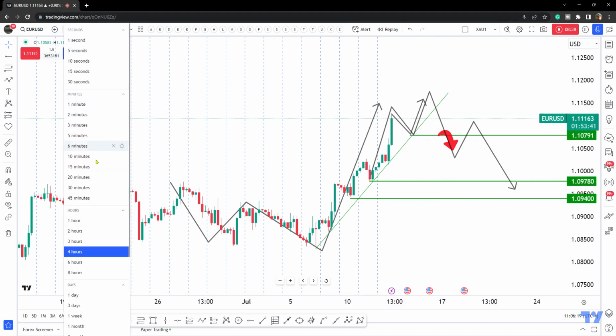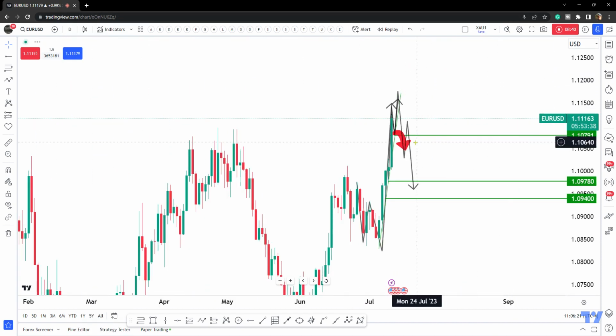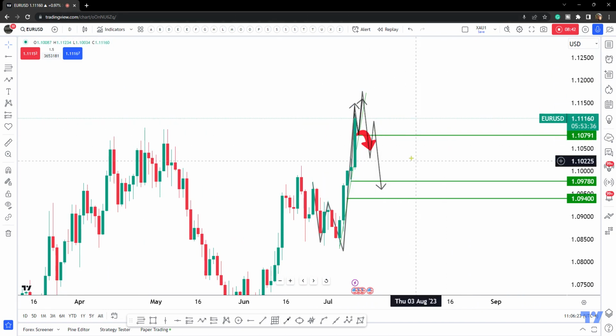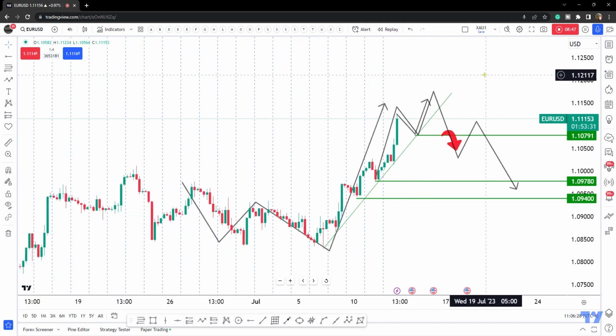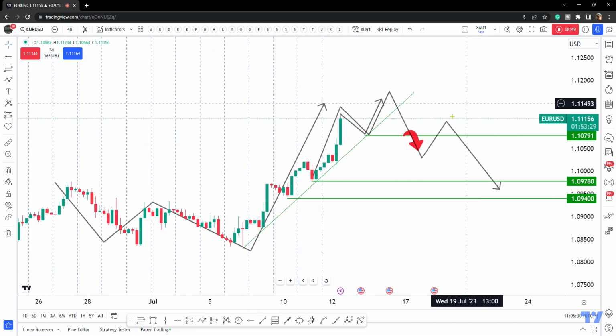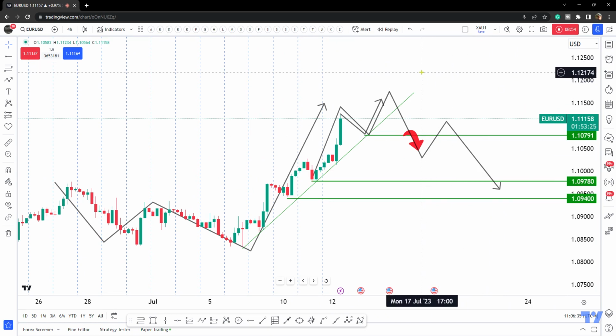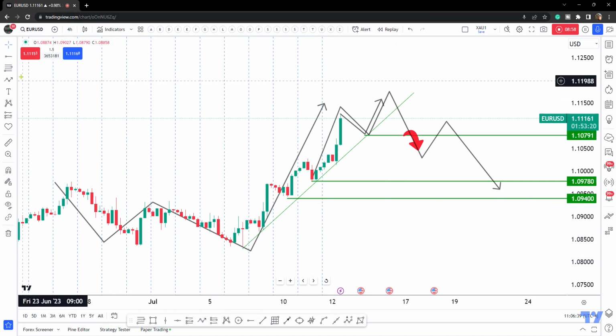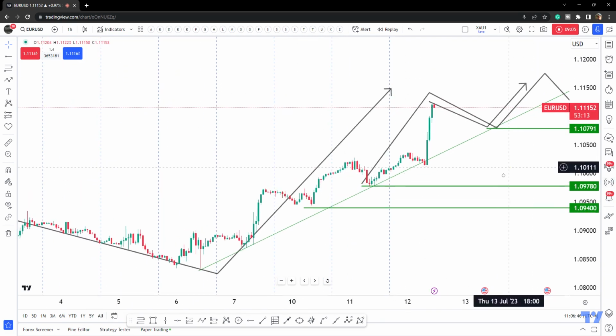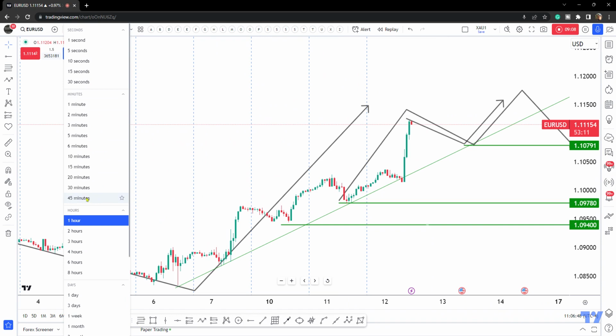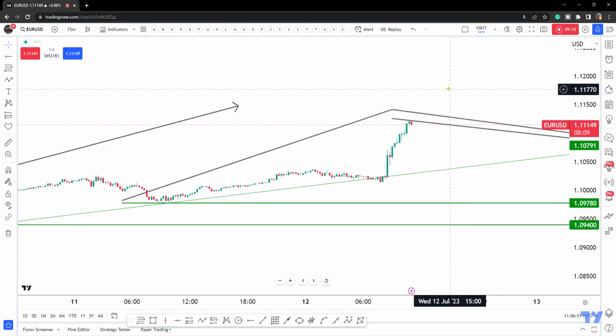For our bias and market structure to play out to give us our directional bias for the foreseeable future. So really, depending on your strategy, but for me, from a swing trading point of view, we need to sit on our hands, and then from an intraday trading point of view, scalping these moves.